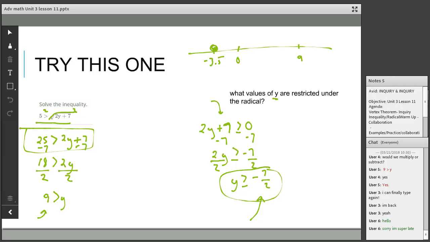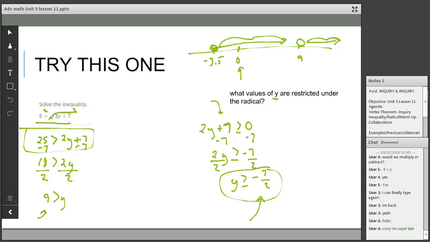So we have an interval here, and we have one also here where 9 is greater than y.